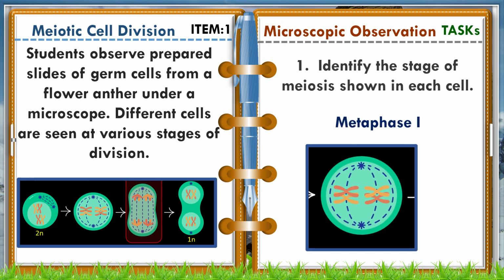Then we have another stage which we are calling metaphase. It is this stage here. In metaphase, we are seeing the homologous chromosomes aligning on the spindles. That is metaphase 1. Homologous chromosomes align themselves on the spindle.